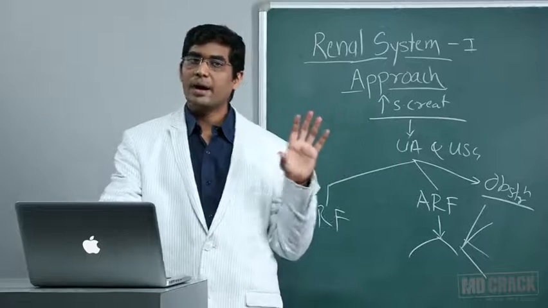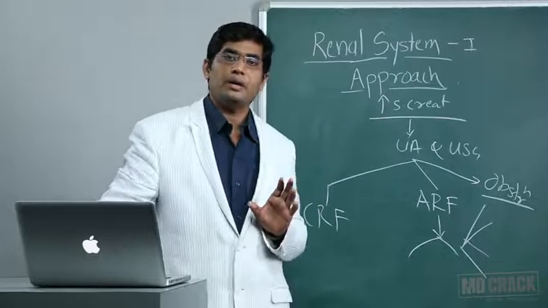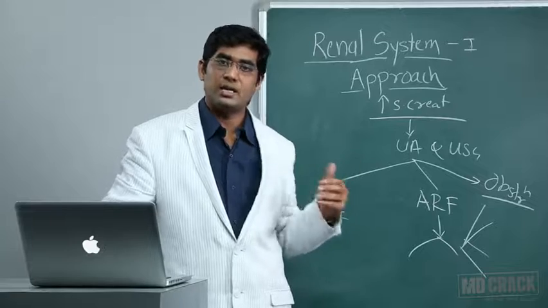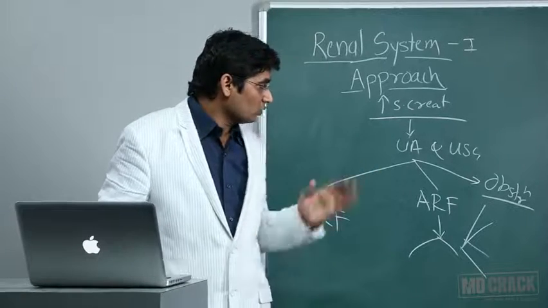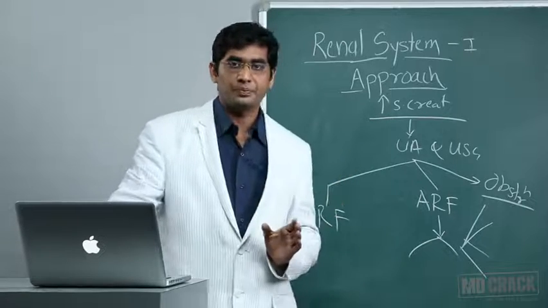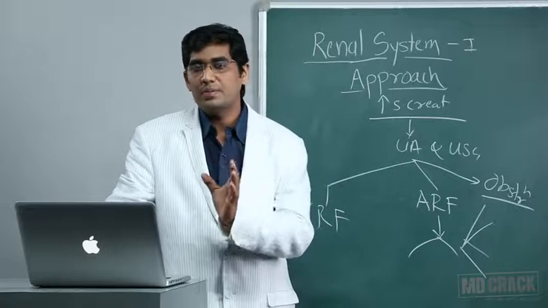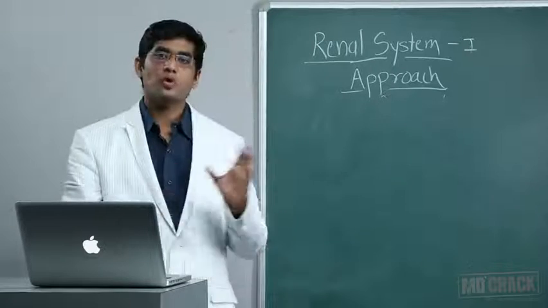So by looking at this approach, we can definitely label that patient whether it's ARF or CRF, and the etiology of ARF. The other part of analysis is proteinuria. If a patient is having significant proteinuria, what should be your approach? So, approach for proteinuria.